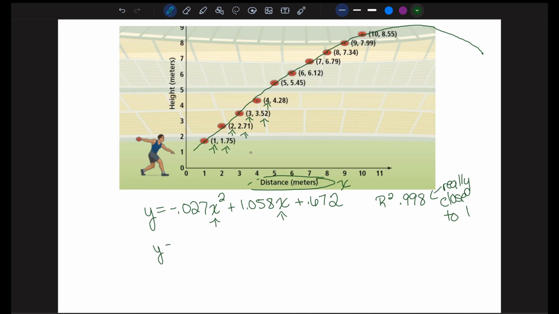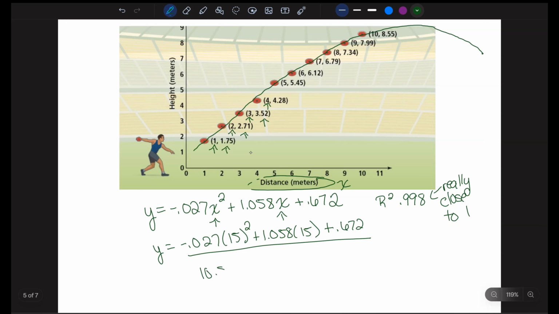So I have y equals negative 0.027 times 15 squared plus 1.058 times 15 plus 0.672. I'm going to plug that in my calculator, and it's going to give me 10.5 meters high.